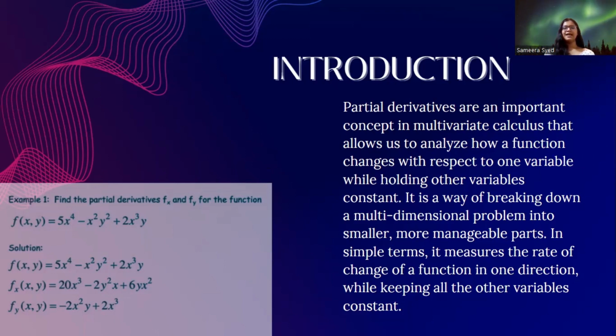Now to find f_x(x, y), we keep y as constant and differentiate the initial given f(x, y). We get 20x³ - 2y²x + 6yx². Similarly, to get f_y(x, y), we keep x as constant and differentiate the initial given f(x, y). After differentiating, we get -2x²y + 2x³.